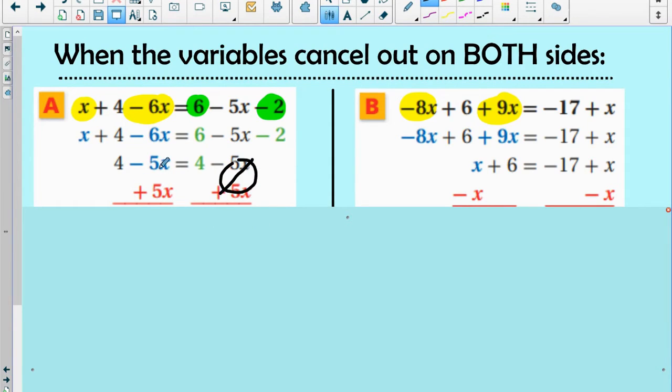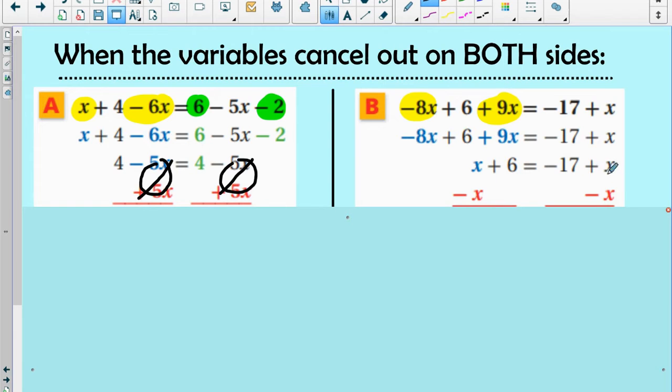But what happens on this side is we get the same thing. Negative 5x plus 5x is also 0. And what we're left over with is just the two numbers. 4 equals 4.